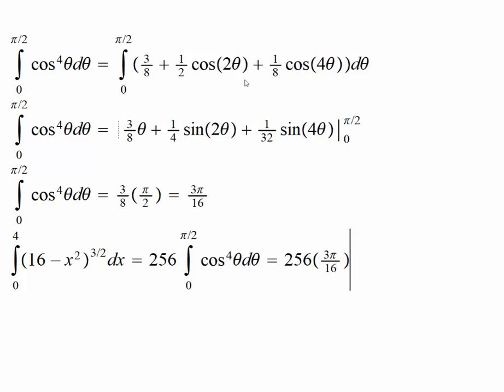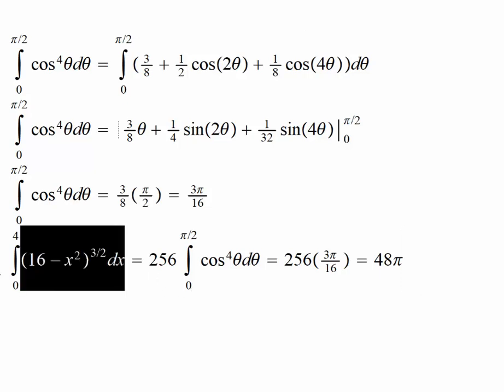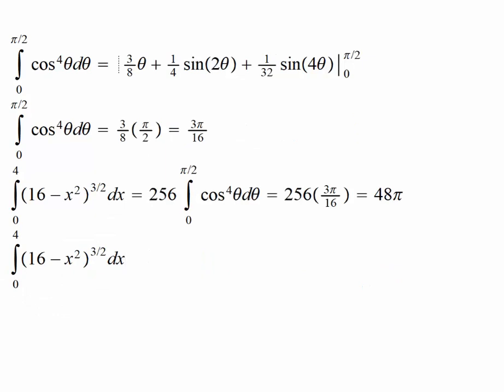All right, so multiply them out. What you have is that this equals 48 pi, if I didn't make any mistakes. So let's check. No, I didn't make any mistakes. Okay, so that's what the value of this integral is if we use the trigonometric substitution or that method.